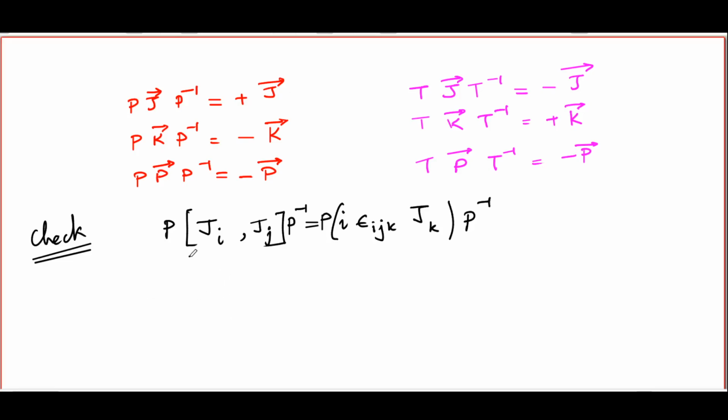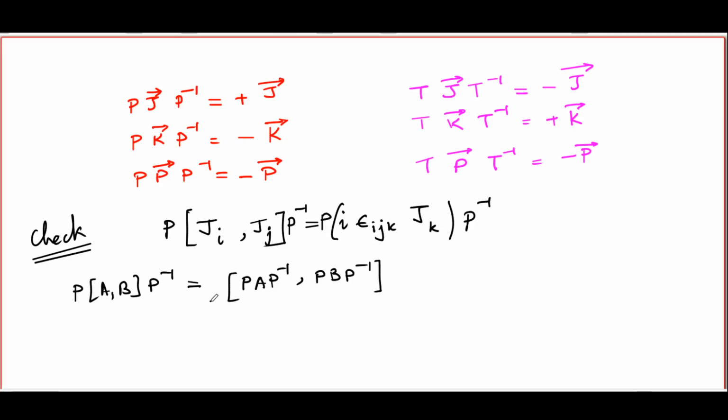Now, it's easy to see that P times the commutator of A, B with P inverse, where P can stand for any invertible operator, is exactly the same as the commutator between P A P inverse and P B P inverse. All you have to do is to expand out both sides and this will be self-evident.